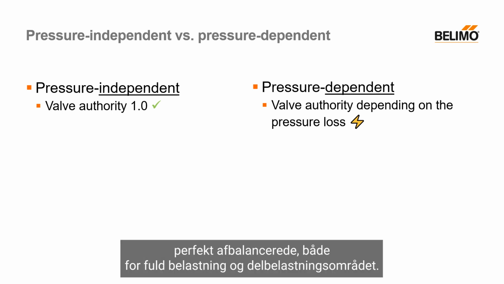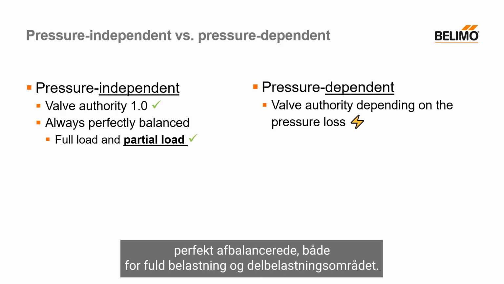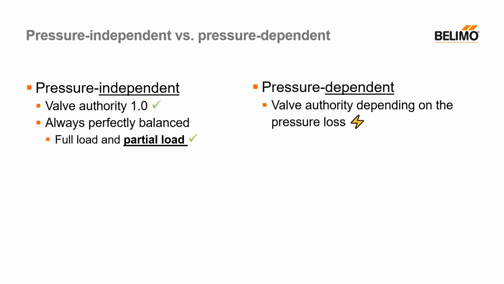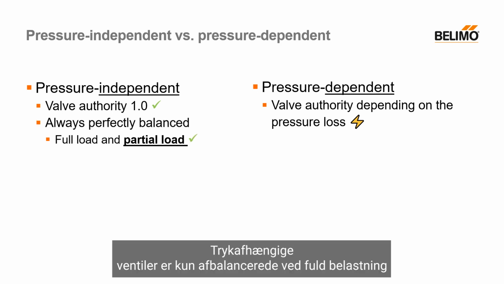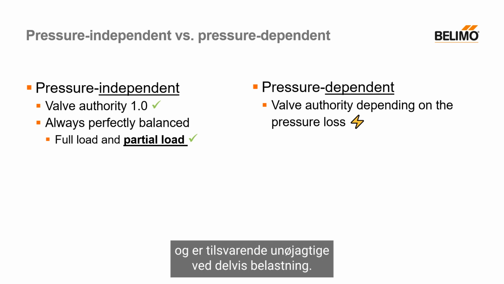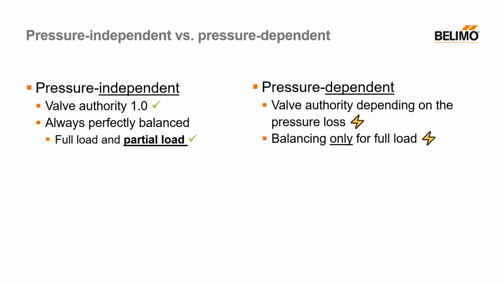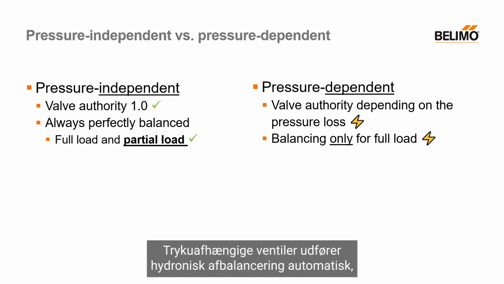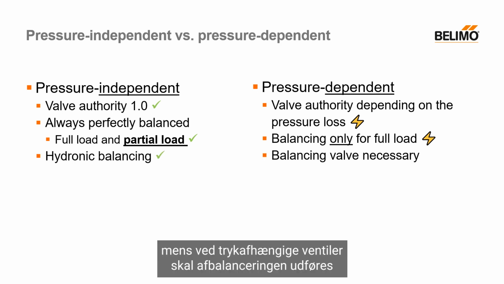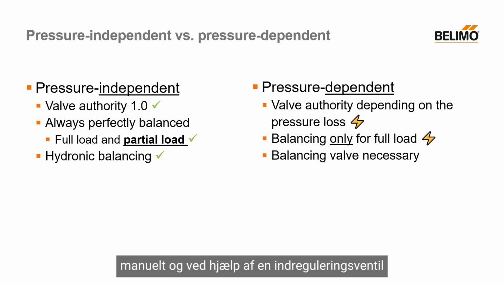Pressure-independent valves are always perfectly balanced, both for the full load and the part load range. Pressure-dependent valves are only balanced for full load and are correspondingly inaccurate in partial load. Pressure-independent valves perform hydronic balancing automatically, whereas with pressure-dependent valves balancing must be performed manually and using a balancing valve.